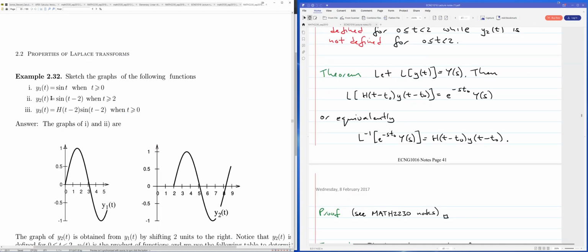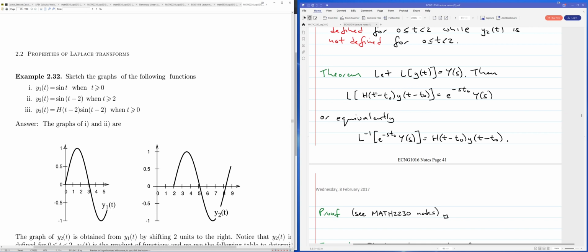Alright, so now I want to consider my t-shift formula. As I said, you have two versions of it, one for taking Laplace and one for taking Laplace inverse. So let Laplace of small y of t be equal to big Y of s. This is your standard notation.